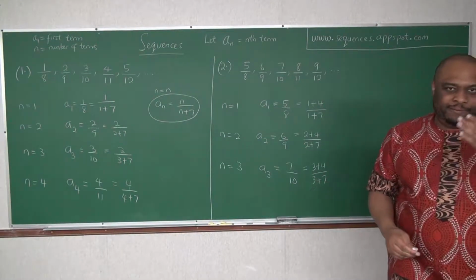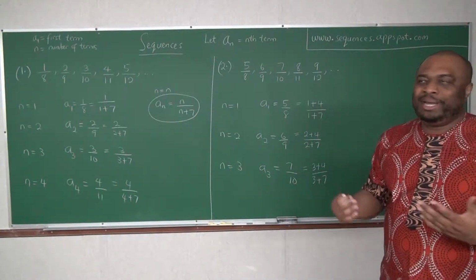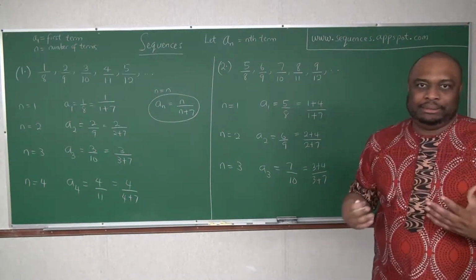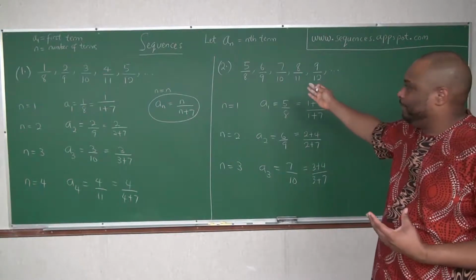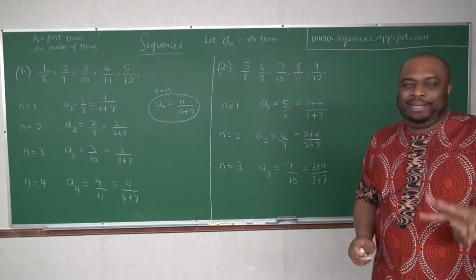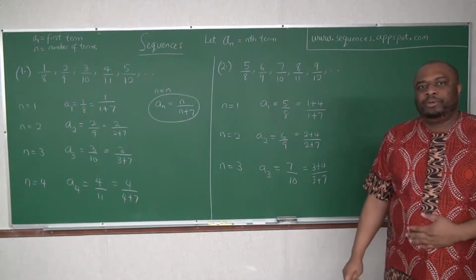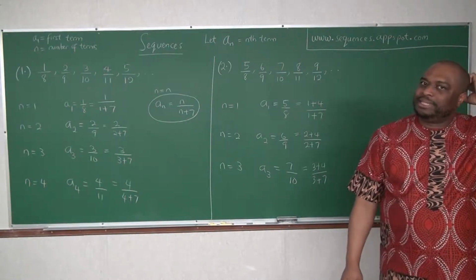If it works for the first, second, third, then you can manually look at the rest of the sequence. But you have to do it at least 3 times of the sequence.